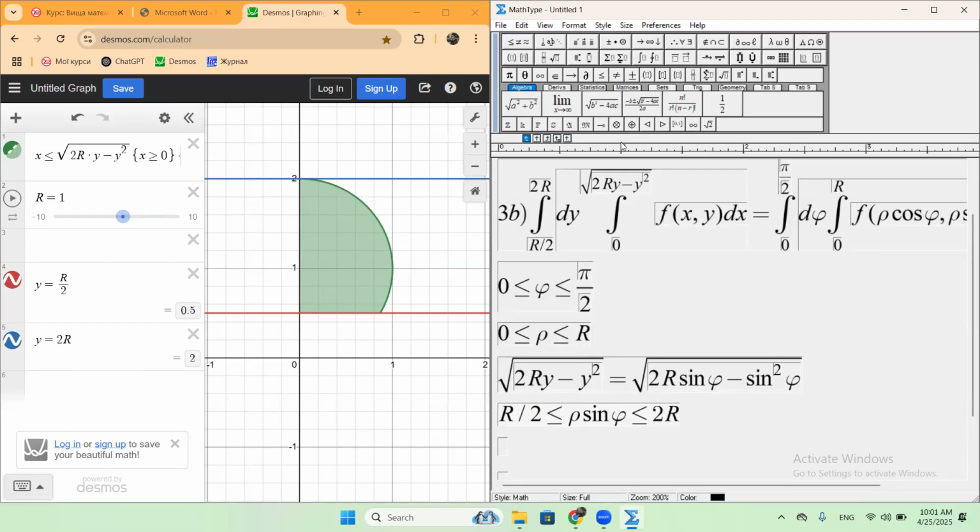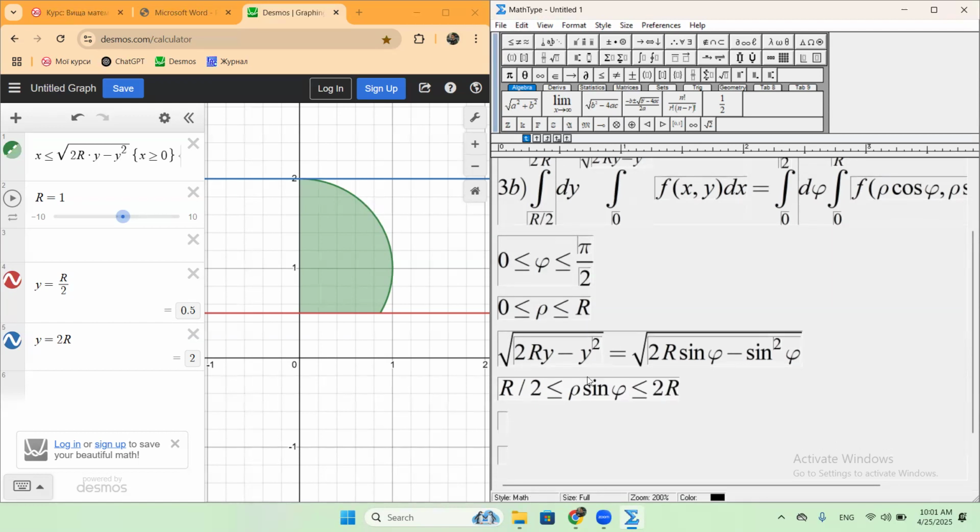So we will have to solve such double inequalities. And what about x? So from 0 to this expression. And by the way, I lost rho.